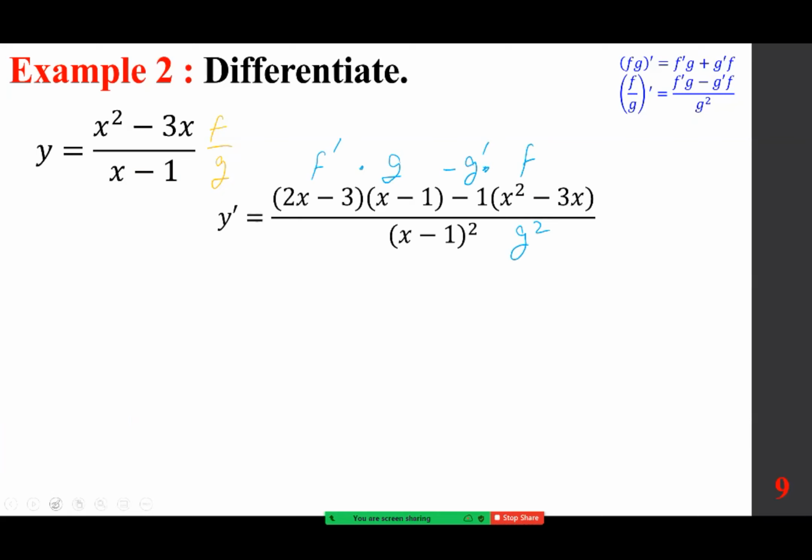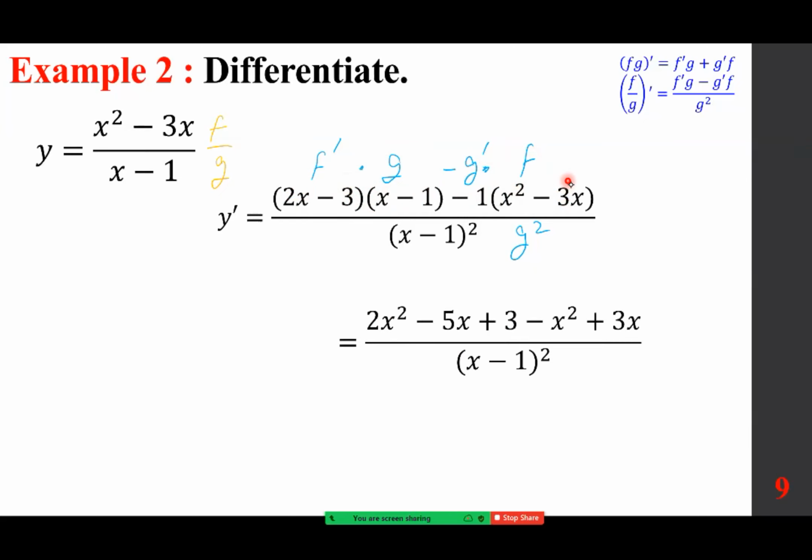We don't change anything because sometimes it gets multiplied. Now we are going to FOIL. 2x times x is 2x squared, minus 2x, minus 3x, they add up to minus 5x, plus 3, minus x squared plus 3x.